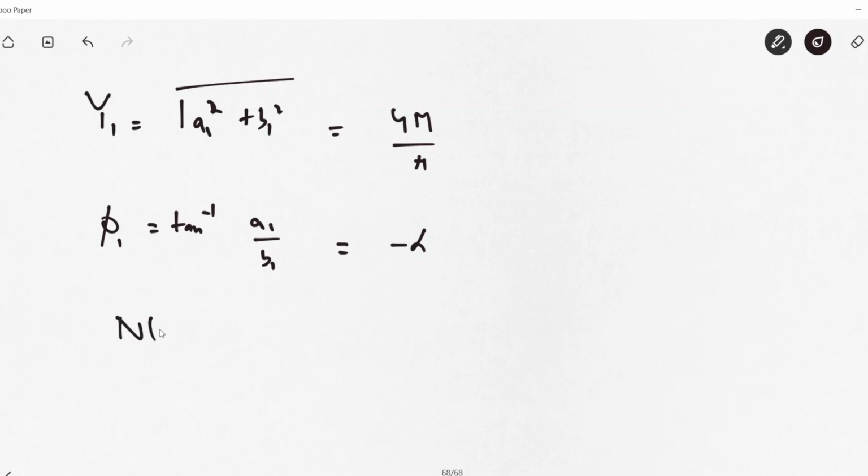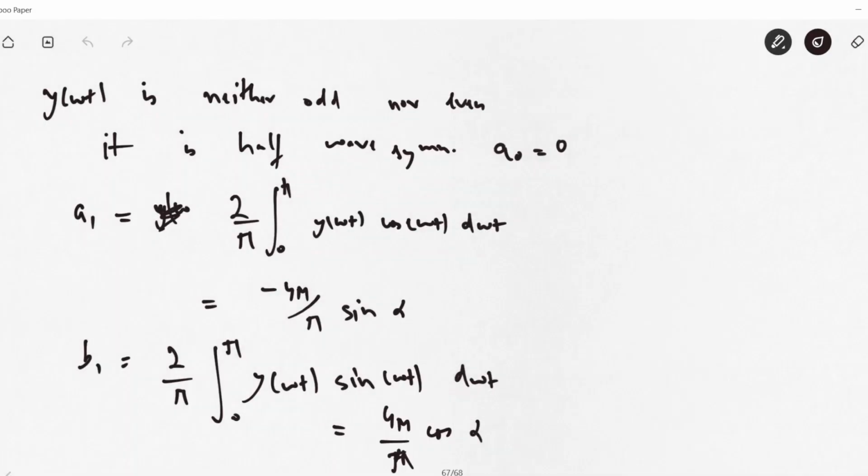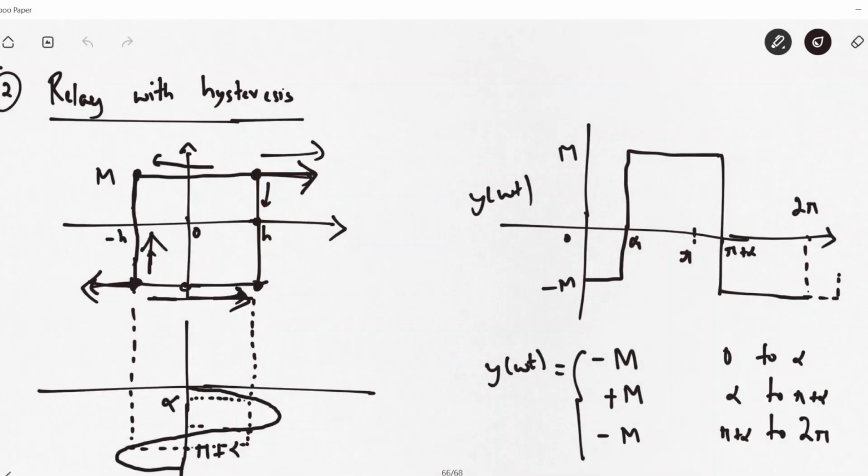So therefore the describing function N of X will be equal to y1 angle phi1 divided by X. So this will be equal to 4m by pi, angle is minus alpha in this case, divided by X. One more thing, we can look at the graph and see that this width here was equal to 0 to h, this width will also be equal to 0 to h.